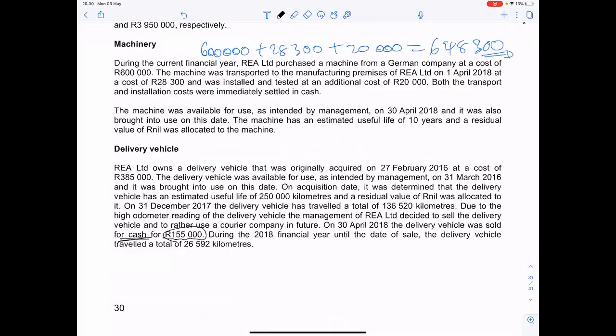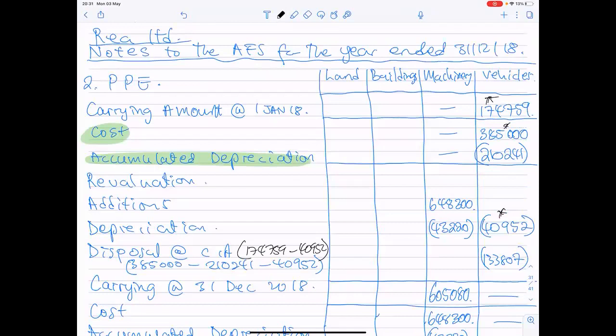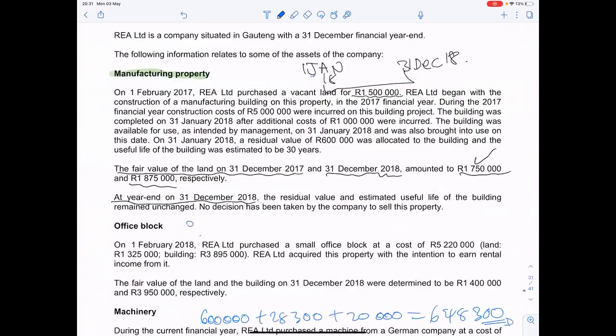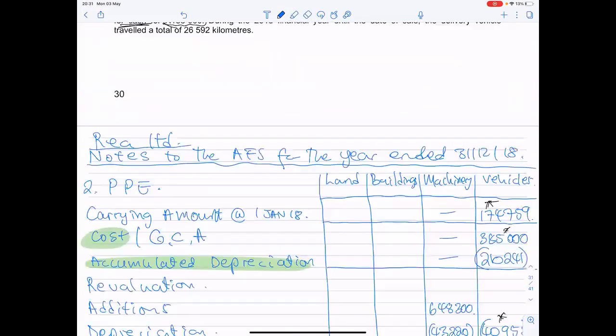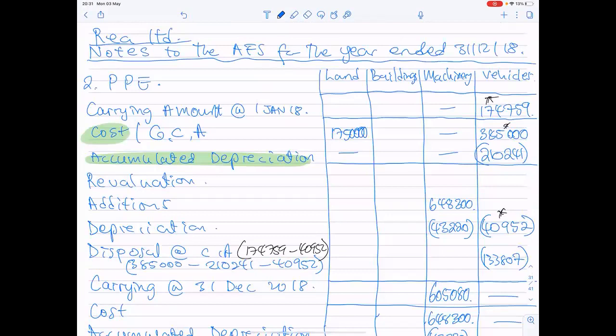1,750,000. So we are going to come and we say cost, then you write slash gross carrying amount, because it's no longer the cost for the land. It is now the revalued amount, and we call it the gross carrying amount, and it is 1,750,000. So there is no depreciation for land. So we are going to put 1,750 there. So it is done at the beginning of the year.